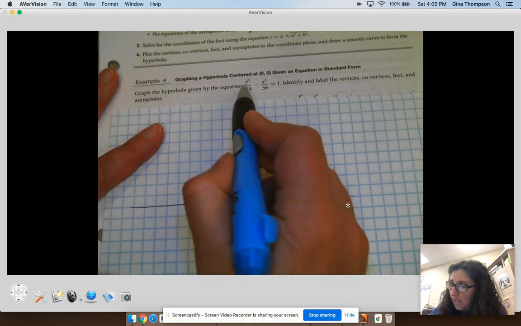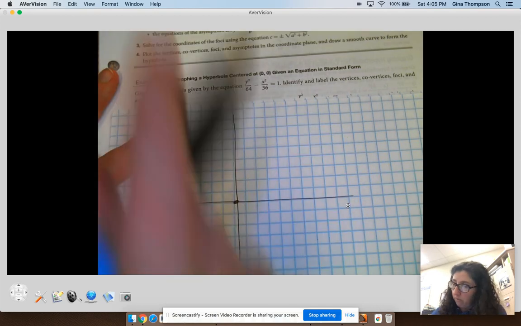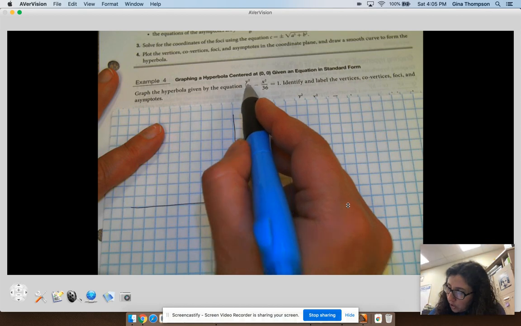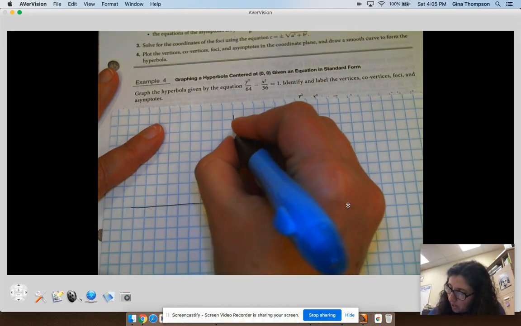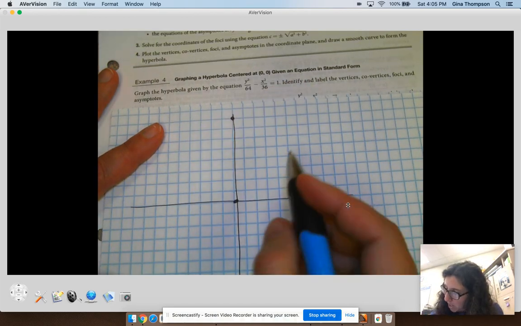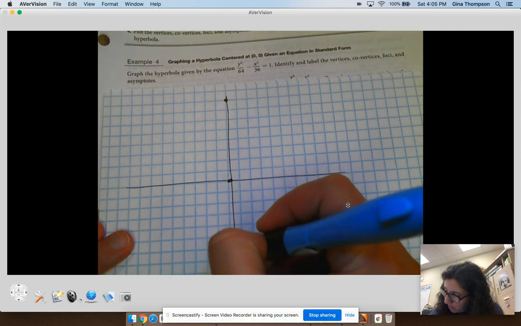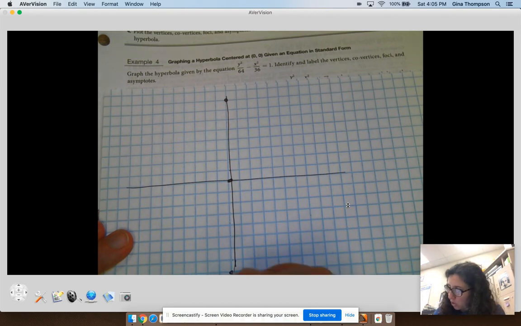The transverse axis is our y-axis, that's the positive term, so it's going to open up and down. So we'll go 8 units in either direction in the y-axis direction. 1, 2, 3, 4, 5, 6, 7, 8. Oh, probably didn't make this quite big enough. That's too bad. And this one, we go 1, 2, 3, 4, 5, 6, 7, 8 this way. Okay, so there's our vertices.